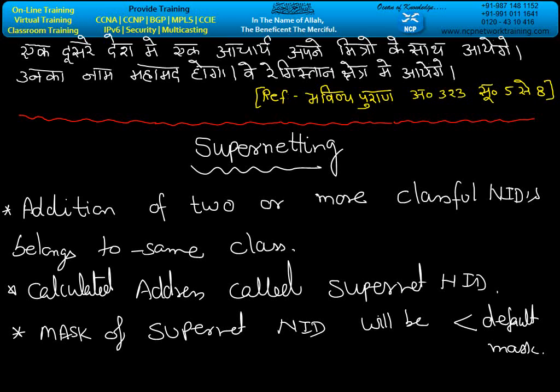But after the calculation, whatever the result, if the mask is less than default, it means that number is a SuperNet NID and the procedure is supernetting.